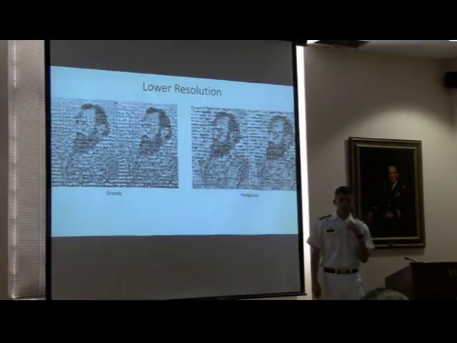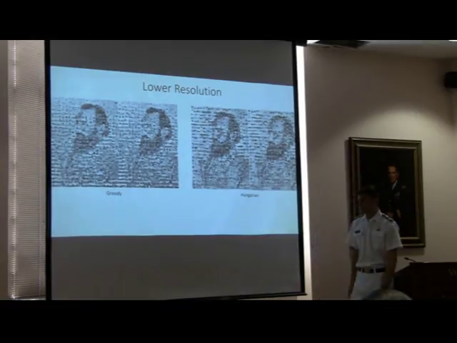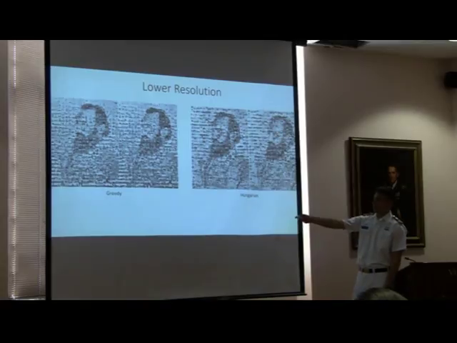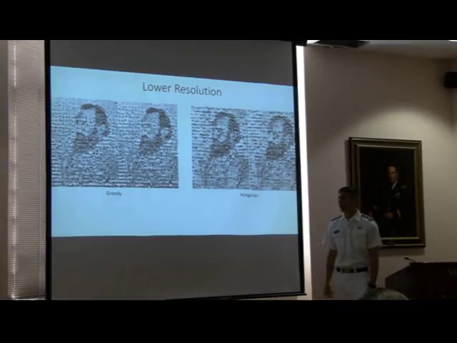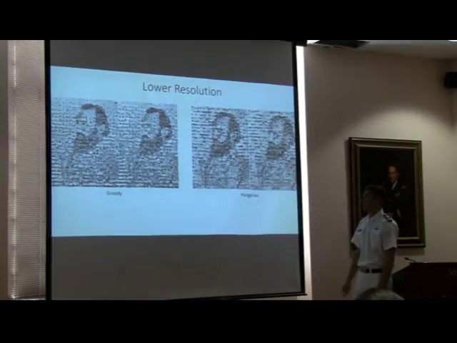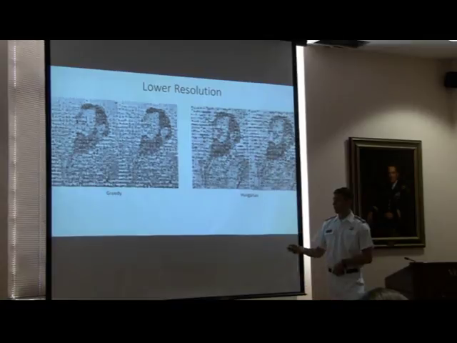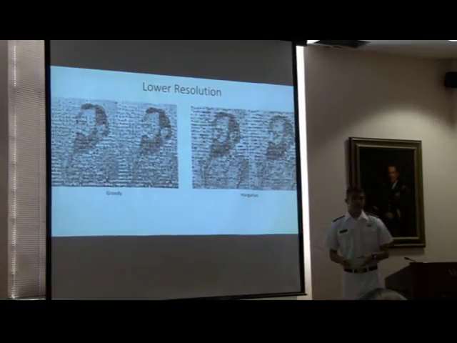I also wanted to see what they would think with lower resolution pictures. Here are two pictures made with the greedy algorithm in lower resolution, just meaning fewer small images. And here's two made with the Hungarian algorithm. I showed it to them in 5 pairs.